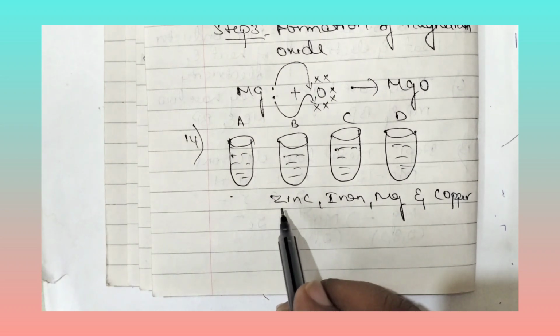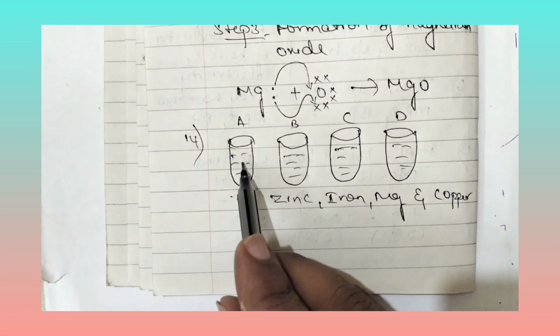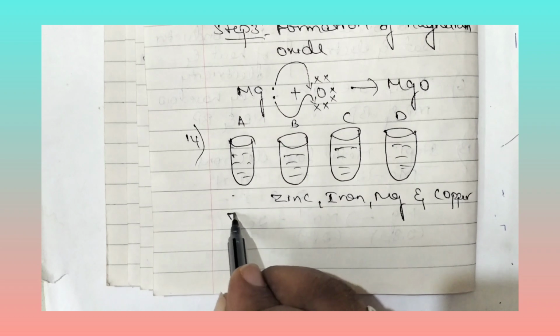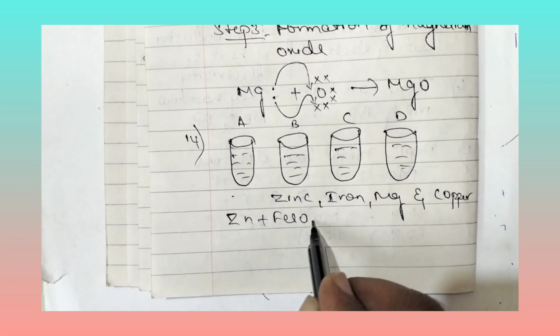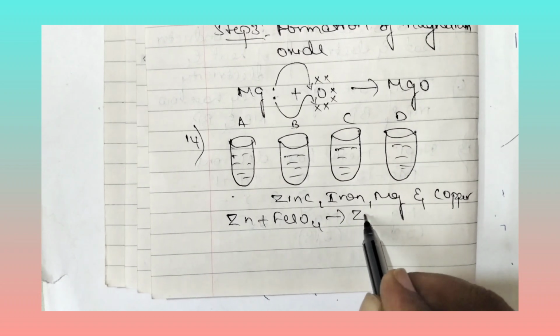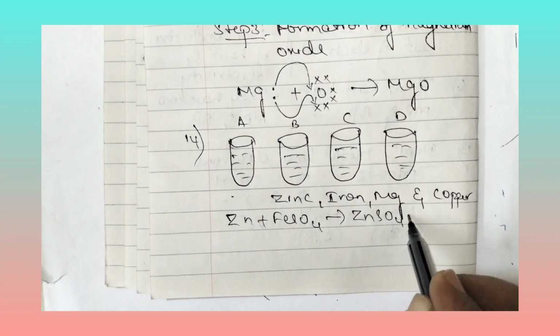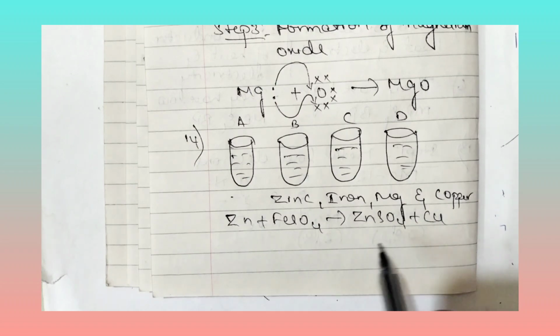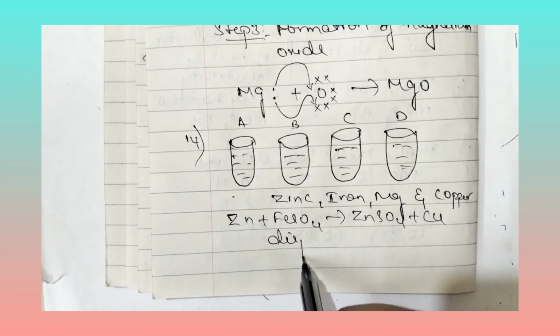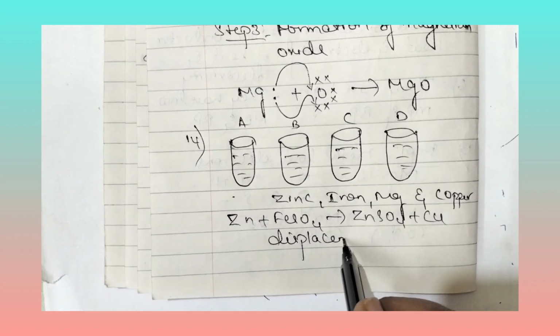So when zinc reacts with ferrous sulfate solution, it forms zinc sulfate and displaces iron. So zinc with ferrous sulfate reaction will take place, and this reaction is a displacement reaction.